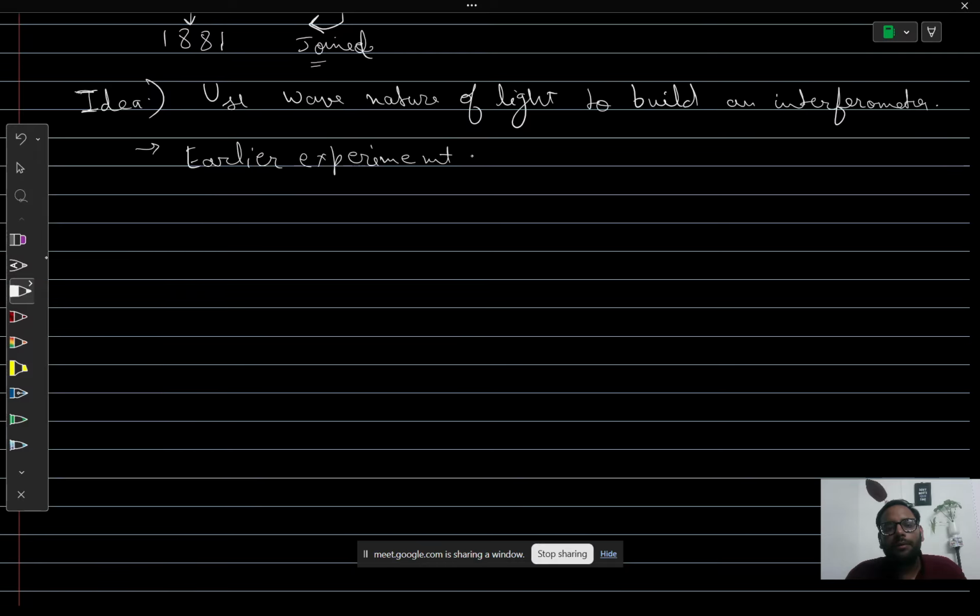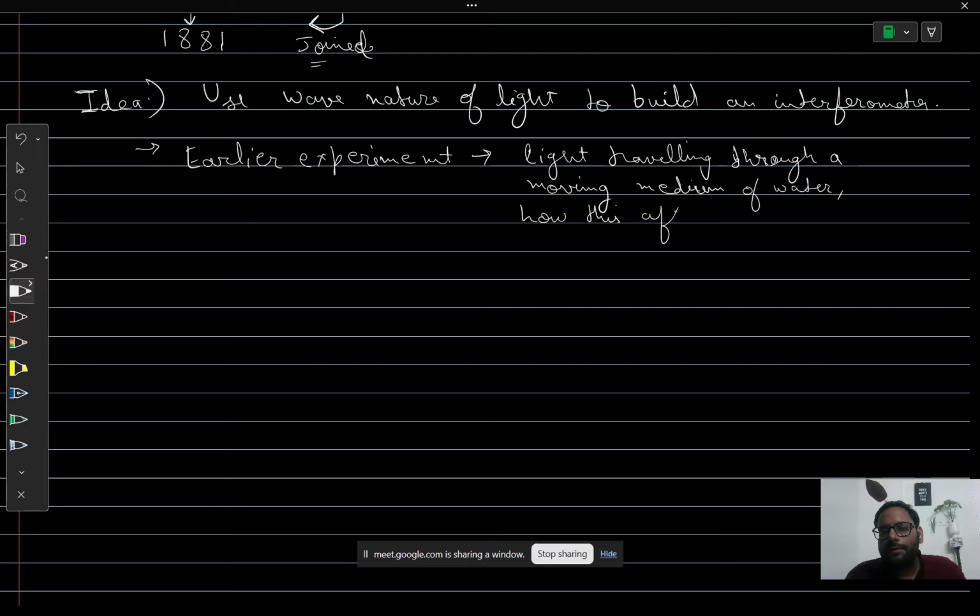It was about when light is traveling through a moving medium of water, how this affects the speed of light.